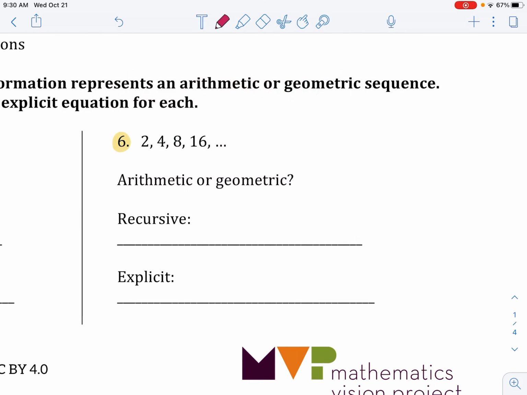So right off the bat, if I try plus 2 and plus 2 again, 4 plus 2 is 6, so I know it's not plus 2. So it's not arithmetic. 2 times 2 is 4, times 2 is 8, times 2 is 16. So this is a geometric sequence.